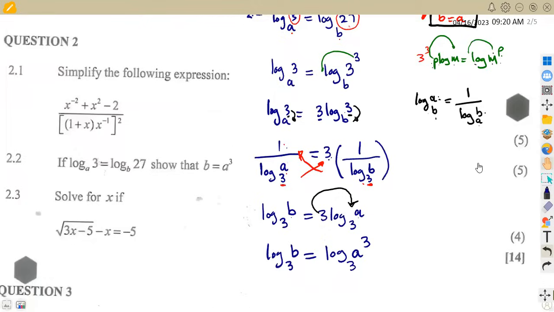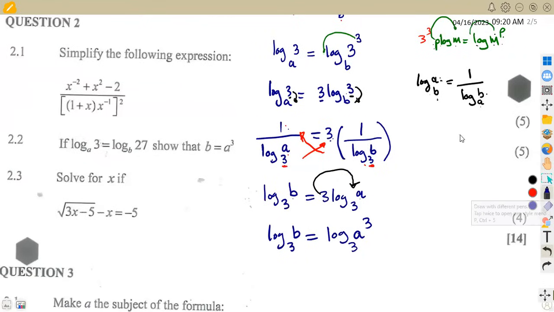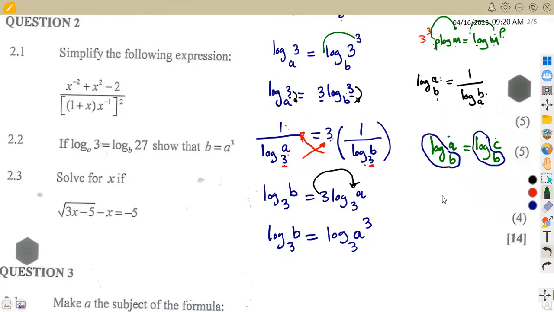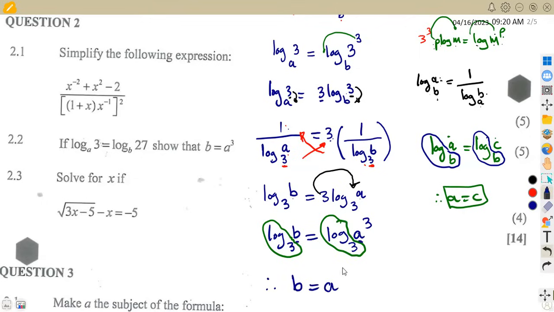Now there is this concept in our logarithms that we are supposed to know: if the logarithm of a number in a certain base is equal to the logarithm of another number in the same base, like log base B of A equals log base B of C, it automatically means that A is equal to C. So if we apply this concept, because we have got the log of base 3 here and the log of base 3 here, automatically it means therefore our B is equal to A to the exponent of 3.